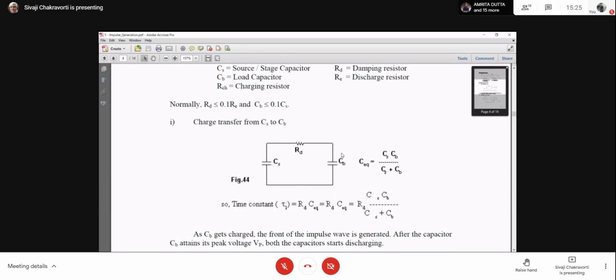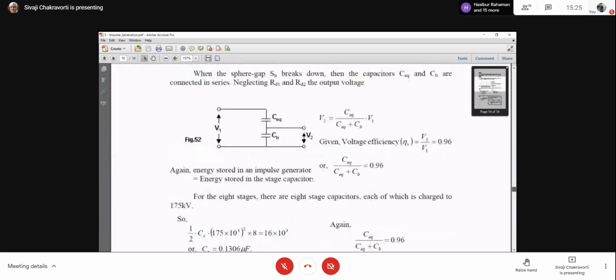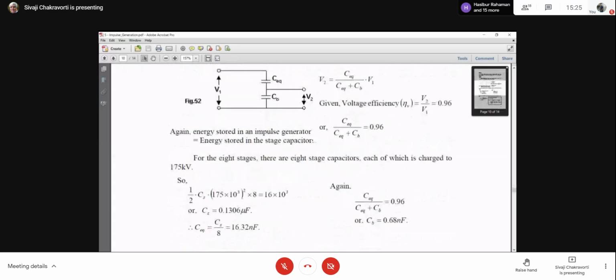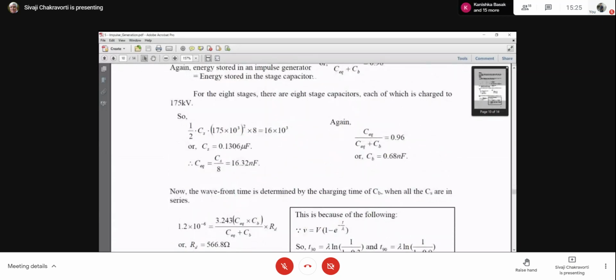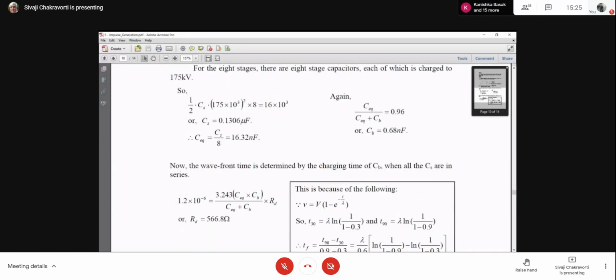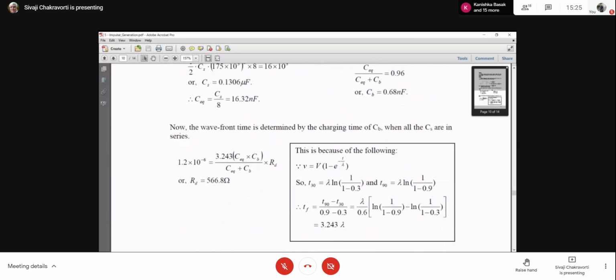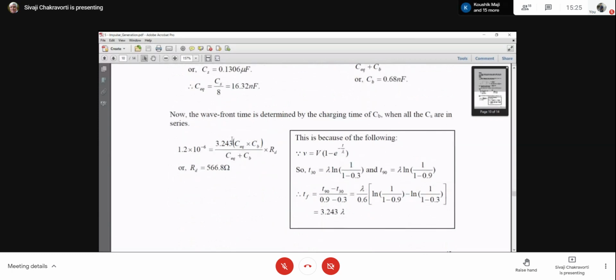Then we have RT and we have CB. By the way, we are not going through the exact transform circuit. Of course, we can do that, but we are solving it through this approximate equivalent circuit. When this C equivalent capacitor charges CB over a resistance R, this is the equation of the charging voltage.